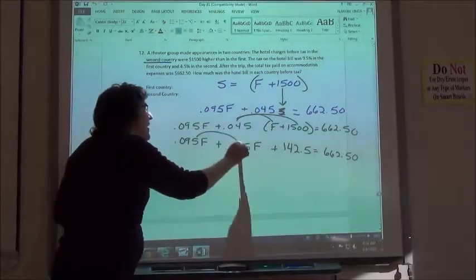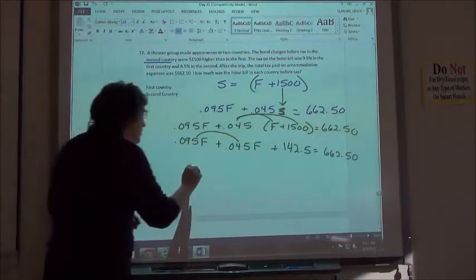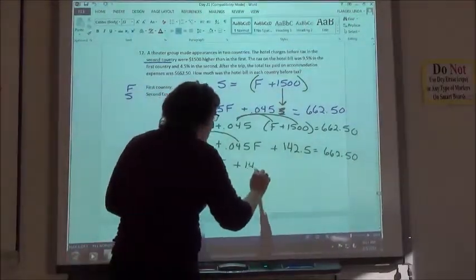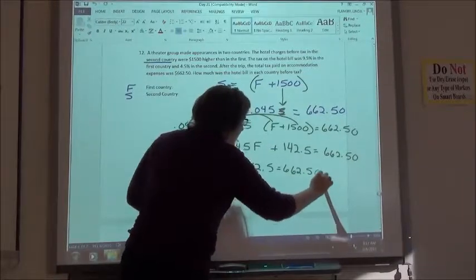If you add the 9.5% plus the 4.5%, what would you get? 0.14. So 0.14F plus 142.5 equals 662.50.